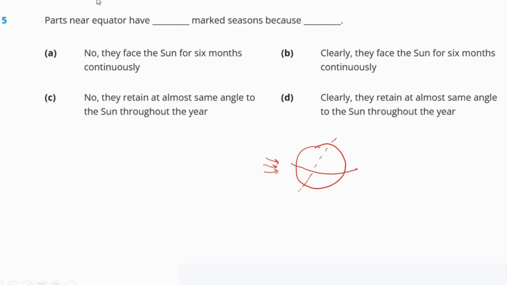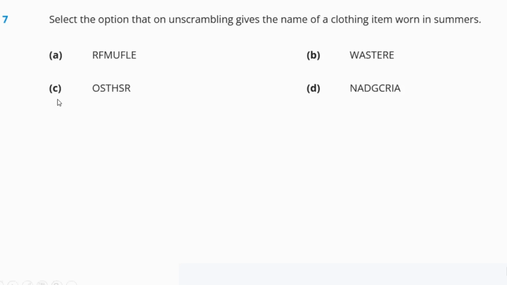So the parts near the equator would have more or no marked seasons? They would have no marked seasons because they remain at almost the same angle to the sun throughout the year, and it is hot most of the time.